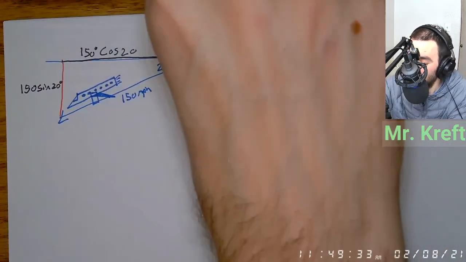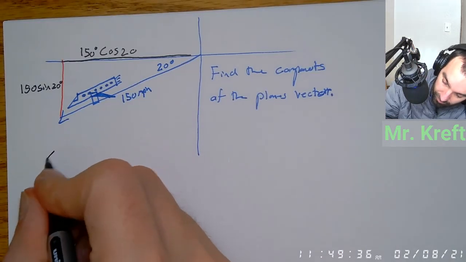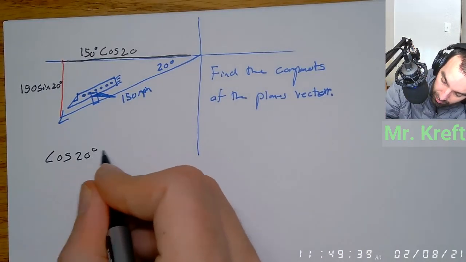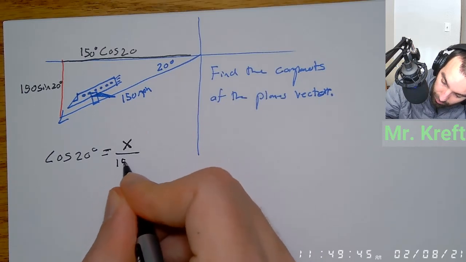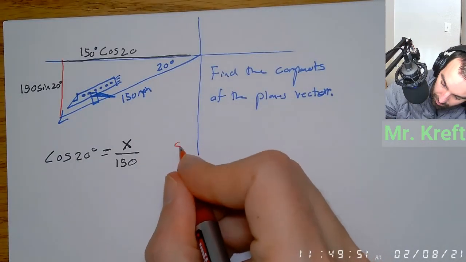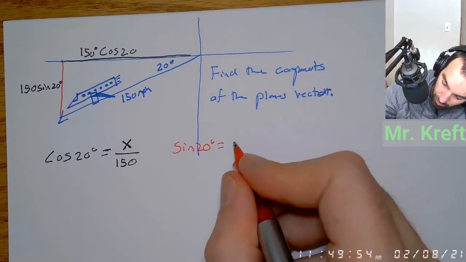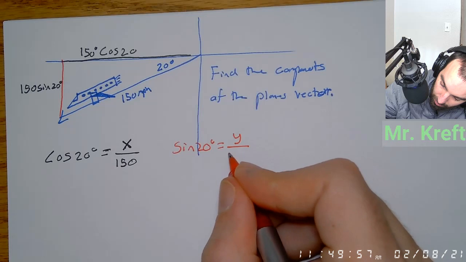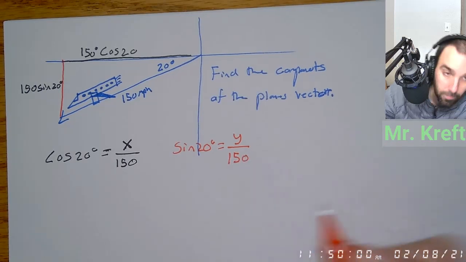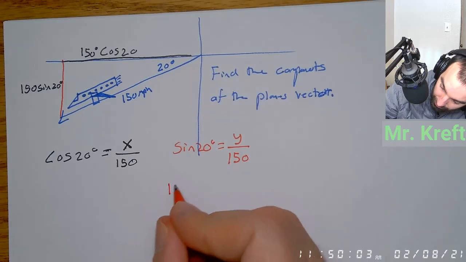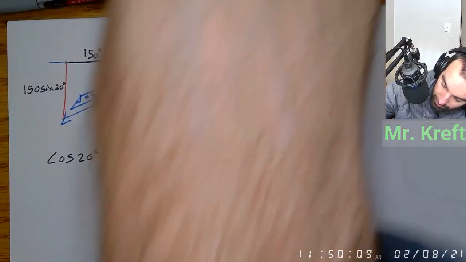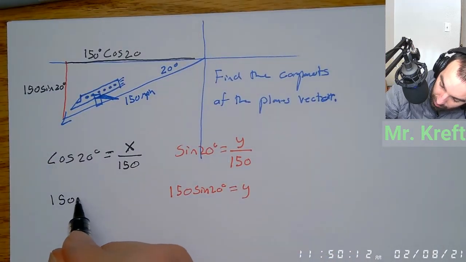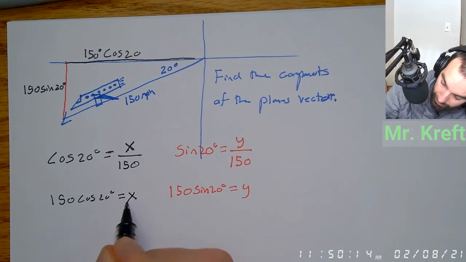To prove that to you, cosine of 20 degrees equals the adjacent over the hypotenuse, and sine of 20 degrees equals the opposite over the hypotenuse. So if I solve these, I get 150 sine of 20 degrees equals y, and 150 cosine of 20 degrees equals x.